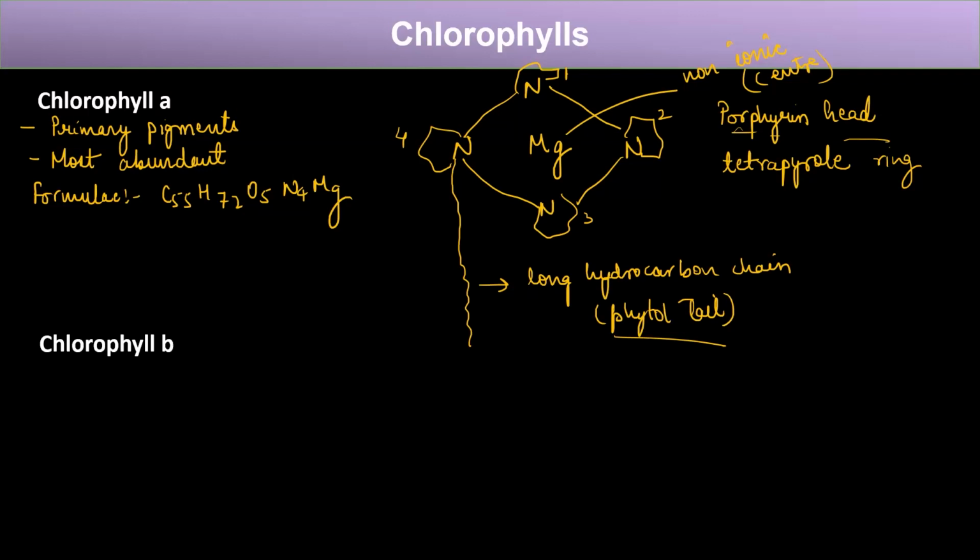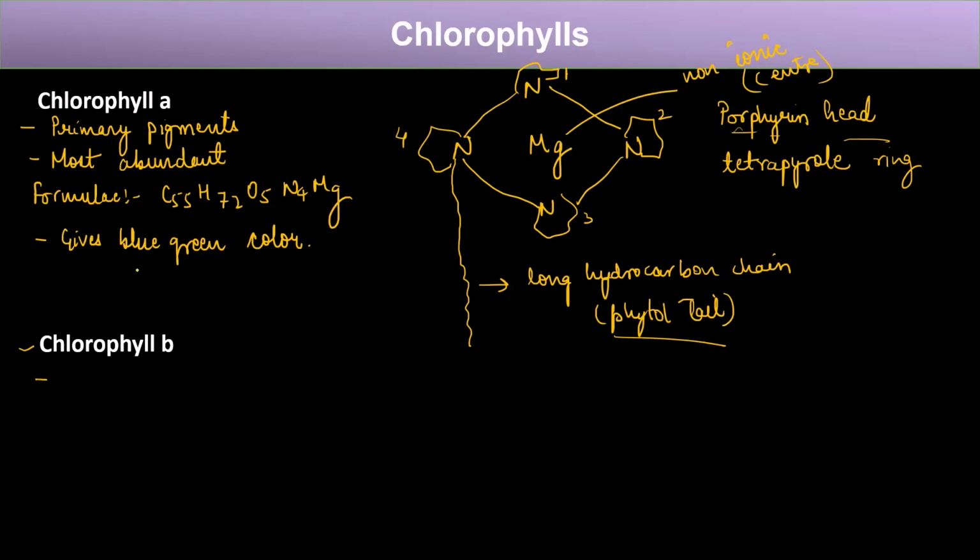Okay. And what color does this chlorophyll A give? It gives blue-green color. Now this is chlorophyll A, which is the most abundant. The second type of chlorophyll that is present in the plant is known as chlorophyll B. The chlorophyll B is green-yellow in color.